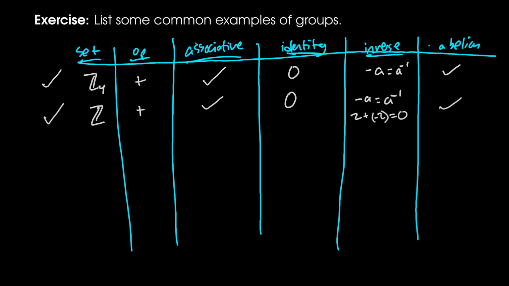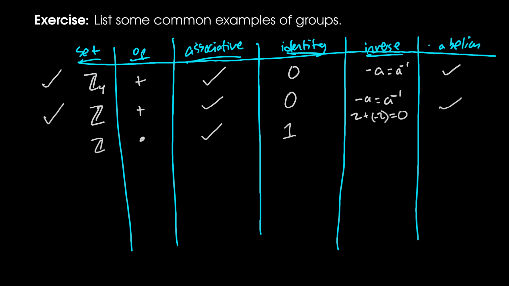What else could we do? What about the integers with multiplication? Well, I know integer multiplication is associative. That's not a problem. Is there something, like if I say 3 times something equals 3? Yes. 1 operates as that identity.